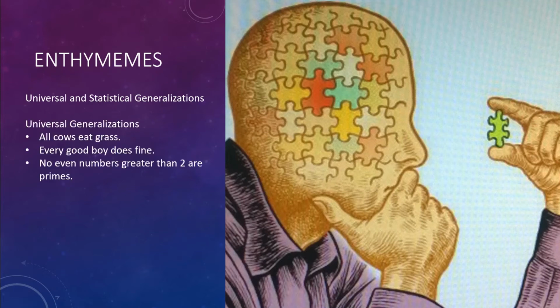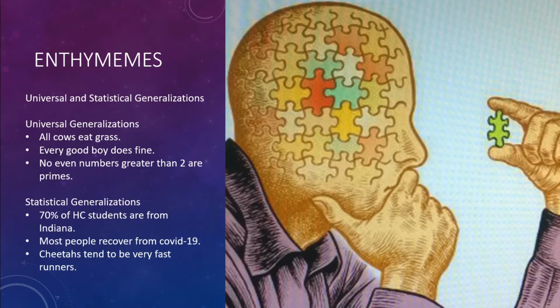Universal generalizations look like these. All cows eat grass, every good boy does fine, no even numbers greater than 2 are primes. Statistical generalizations look like these. 70% of Hanover College students are from Indiana. Most people recover from COVID-19, and cheetahs tend to be very fast runners.